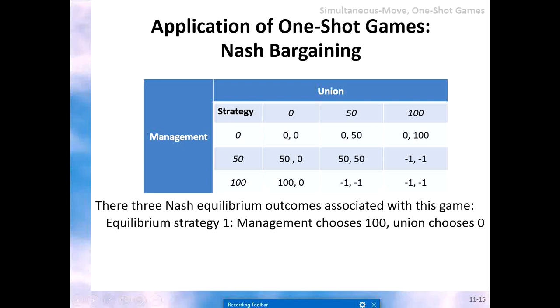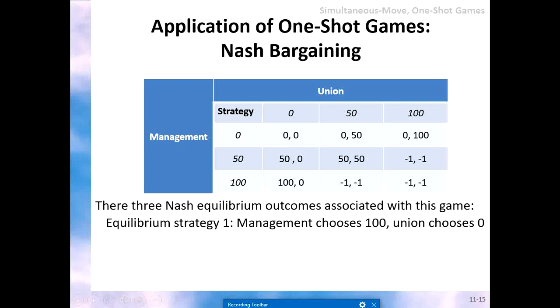Second scenario, if the management decided to get 50 and the union decided to get 0. So we will have management 50 and union 0, and we have an extra 50 not taken. But that could be improved. Either the union could change its decision to take 50 or management could change its decision from 50 to 100.